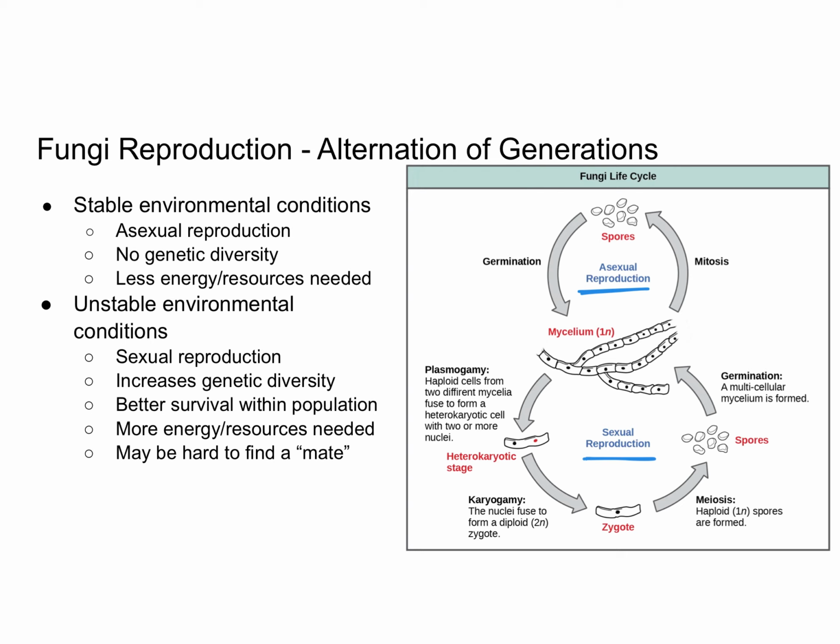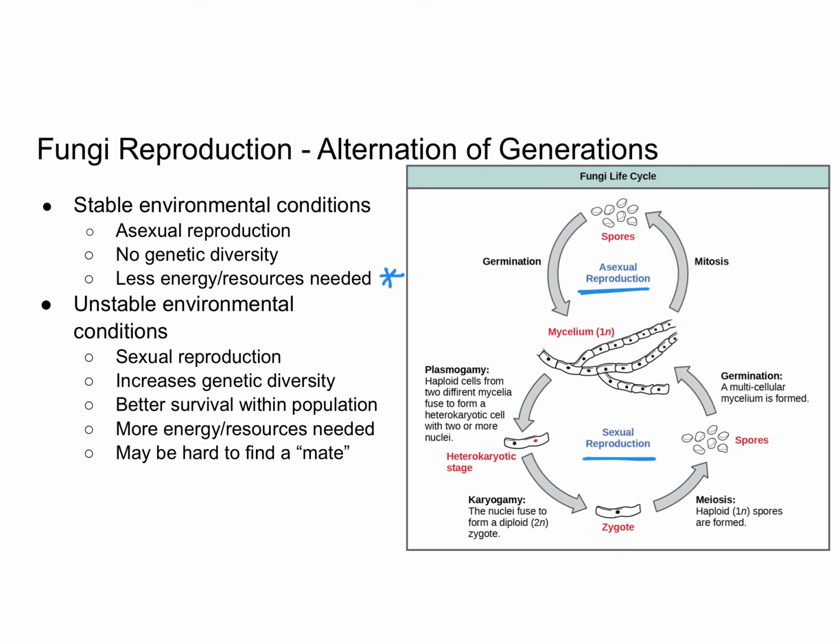So, when the environmental conditions are stable, usually asexual reproduction is favored. The reason for this is because it takes fewer resources and energy in order to do it. The fungus does not need to find a different mating type because it is asexual. It's just happening through mitosis.